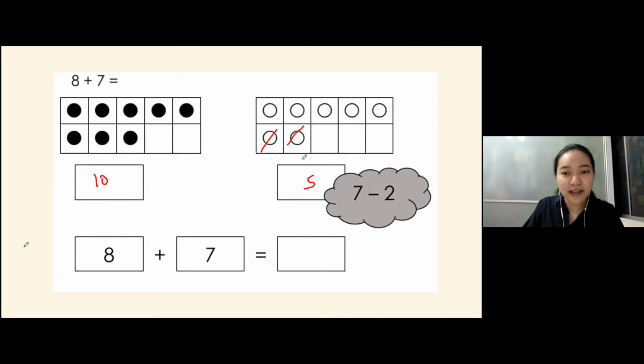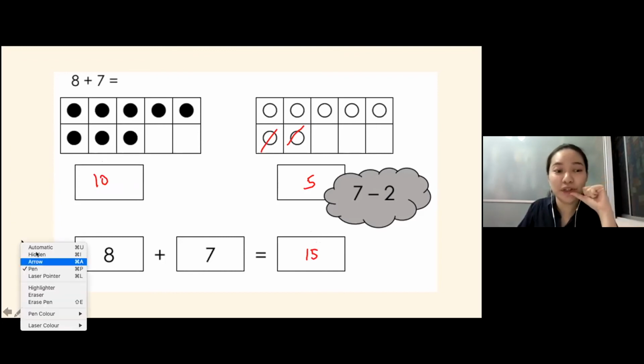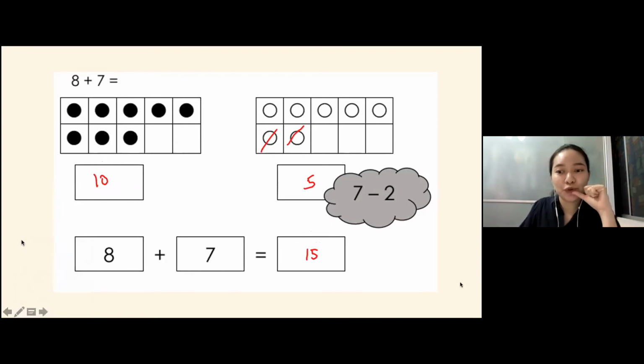So we have 10 and 5 makes 15. So this is one of the strategies that we are trying to teach them, to make them count faster, and also letting them know there are more strategies to use when solving a problem.